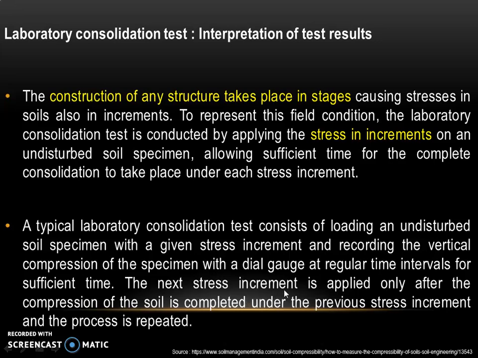The next stress increment is applied only after the compression of the soil is completed under the previous stress increment, and the process is repeated. So for each application of stress, the soil is allowed to compress for sufficient amount of time, and after that the next stress is applied.